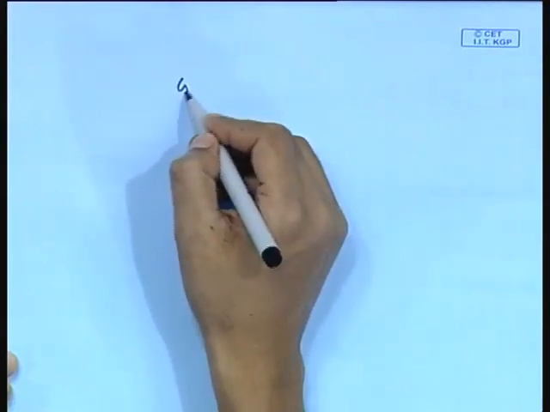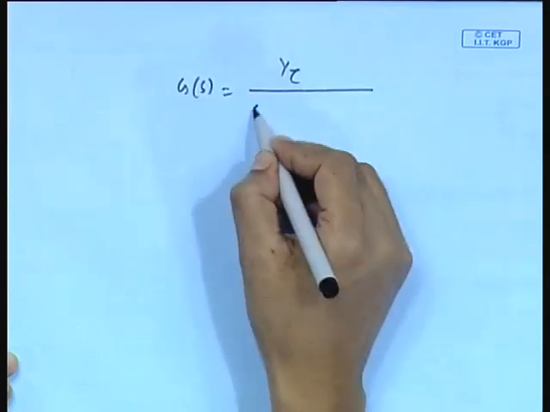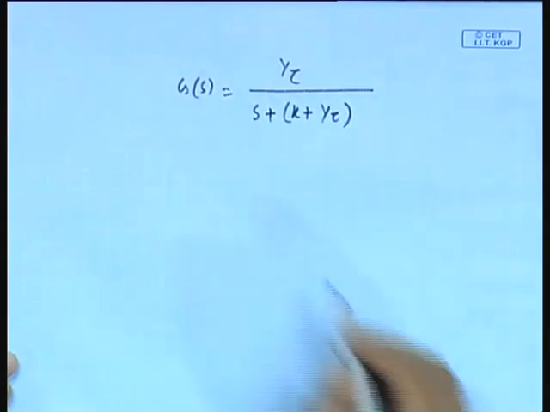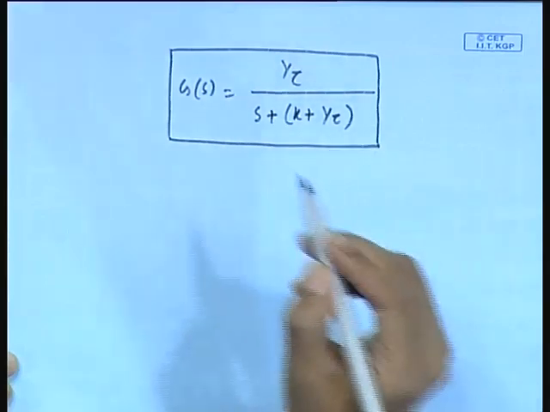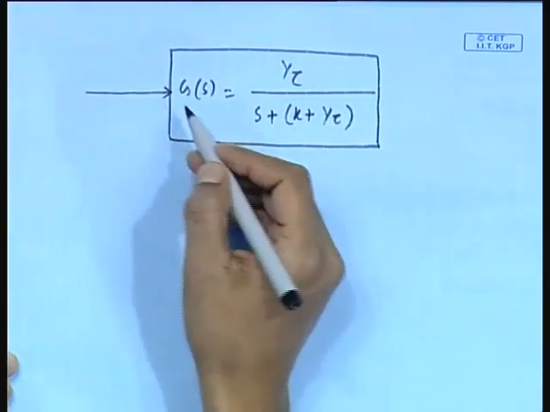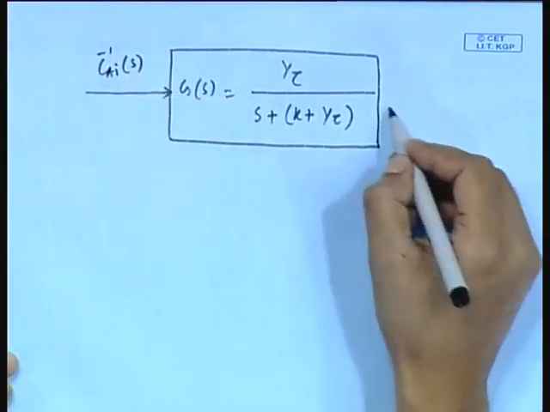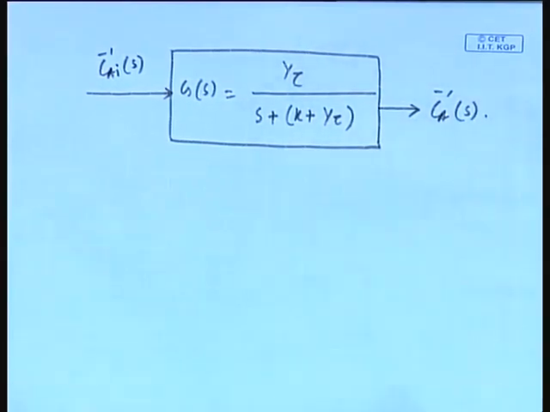Now, the block diagram is quite straightforward. We can directly write G(s) equals (1 by tau) divided by (s plus k plus 1 by tau). Input is Cai bar prime(s), output is Ca bar prime(s).